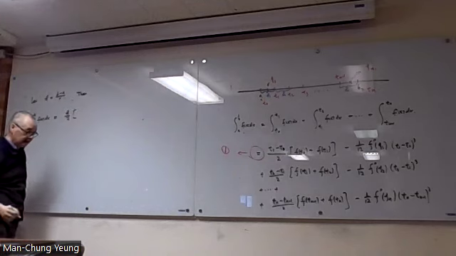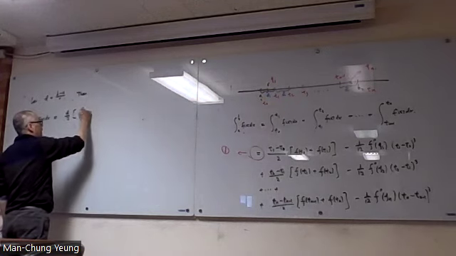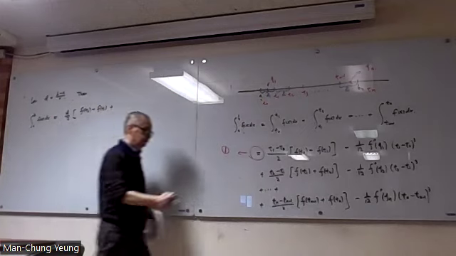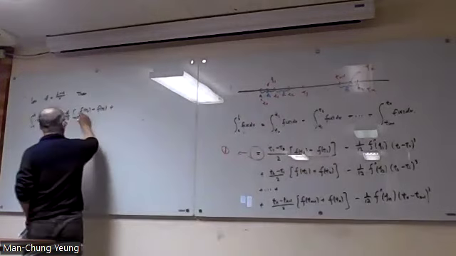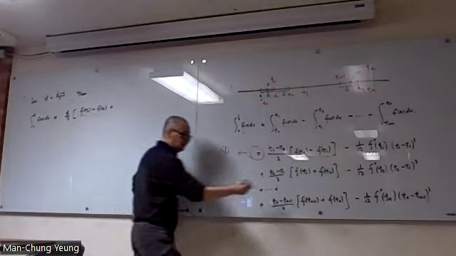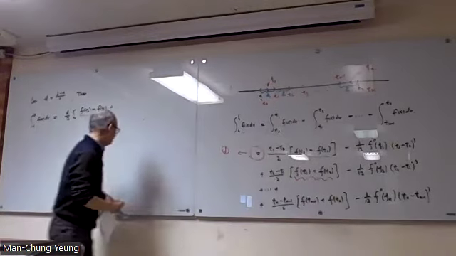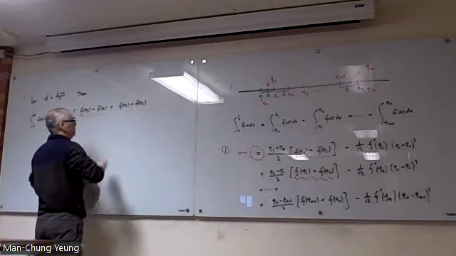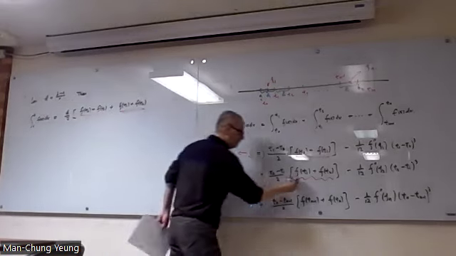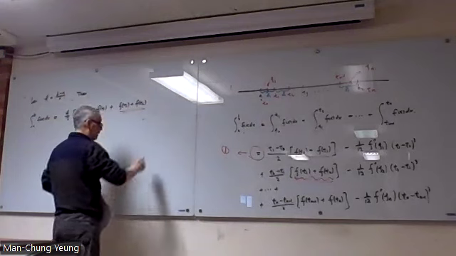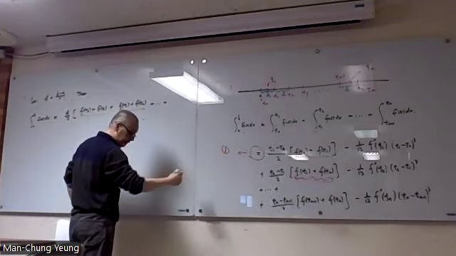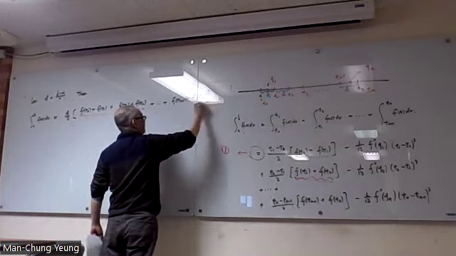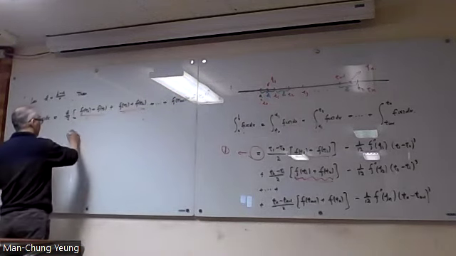Then it is F(T0) plus F(T1), plus F(T1) plus F(T2), and so on, up to F(Tn minus 1) plus F(Tn).